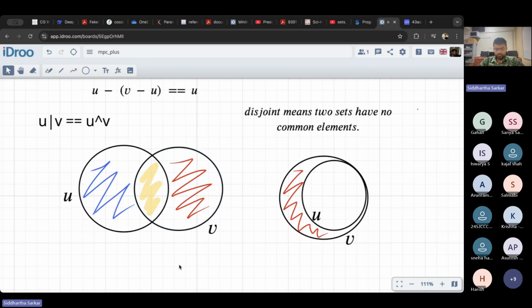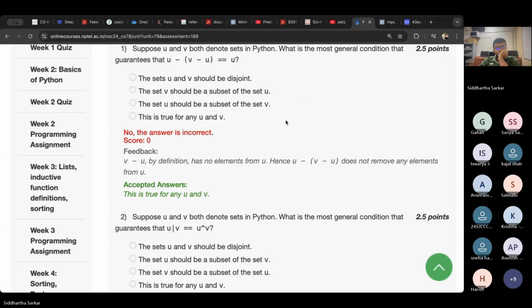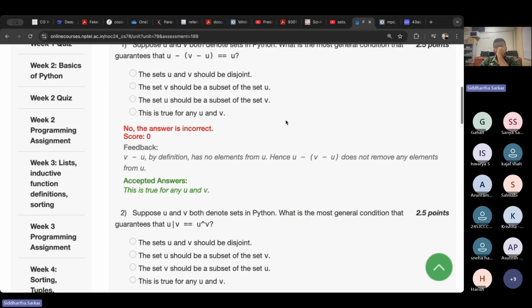That is the question. So what do you think? Sets U and V should be disjoint.